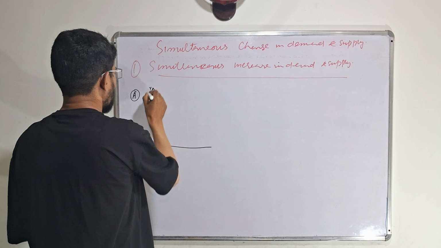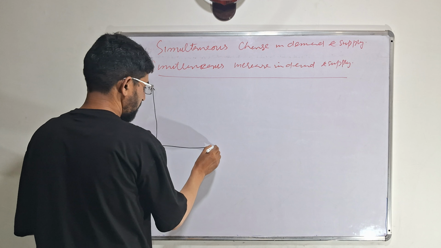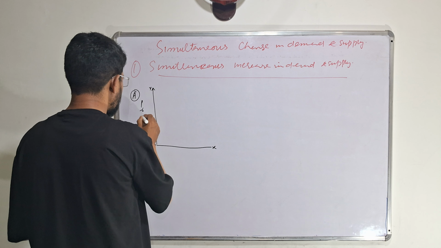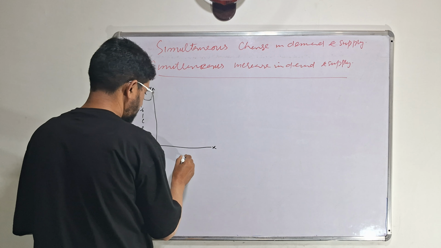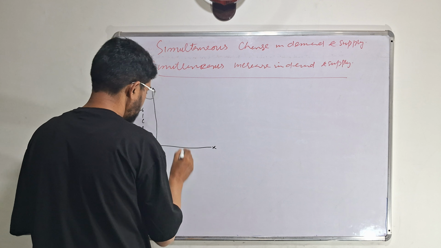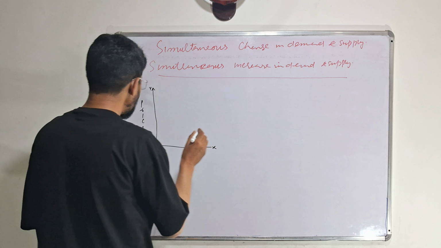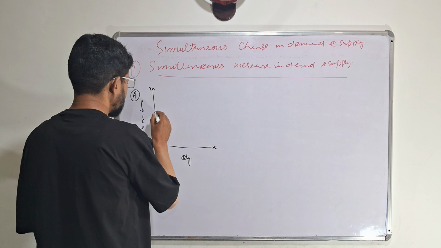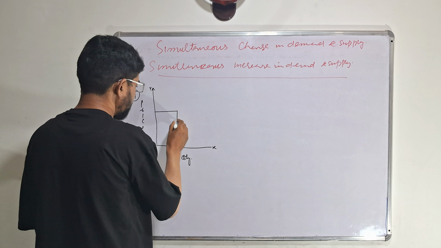This is Y, this is 0, this is X. Here we are writing price. Here is quantity. Now, as I had already discussed, this is equilibrium.